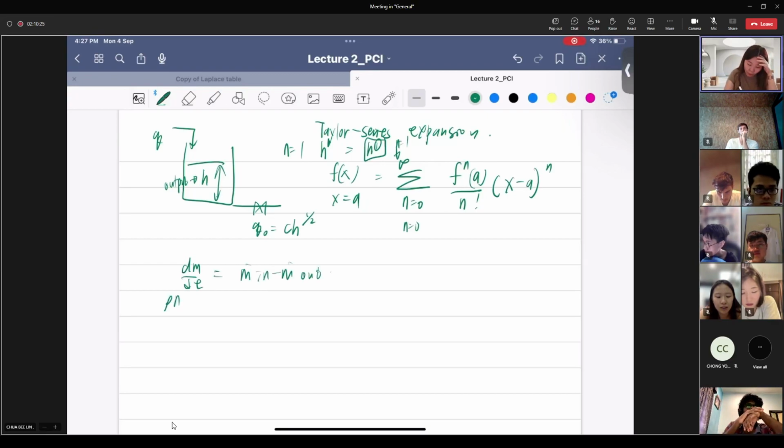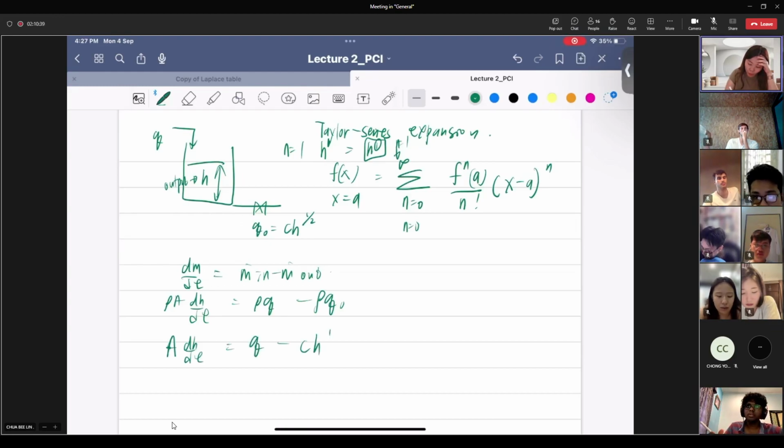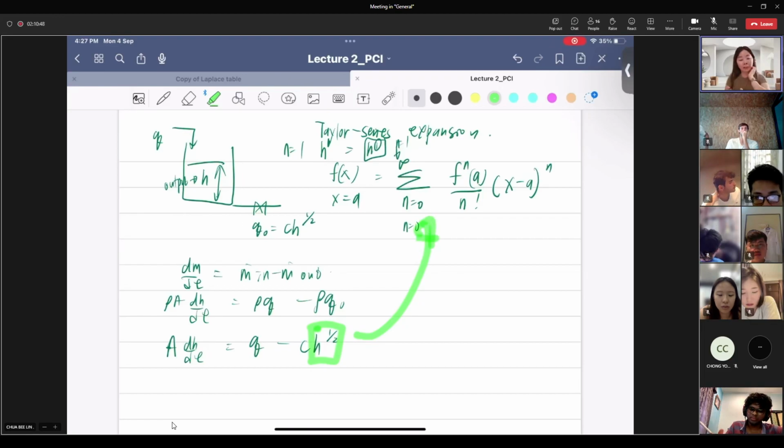We have rho A dh over dt equivalent to rho Q minus rho Q naught. The density can be cancelled. So Q minus Q naught, where Q naught is C h to the power of 1 over 2. You have to perform an additional step, which is the linearization step.